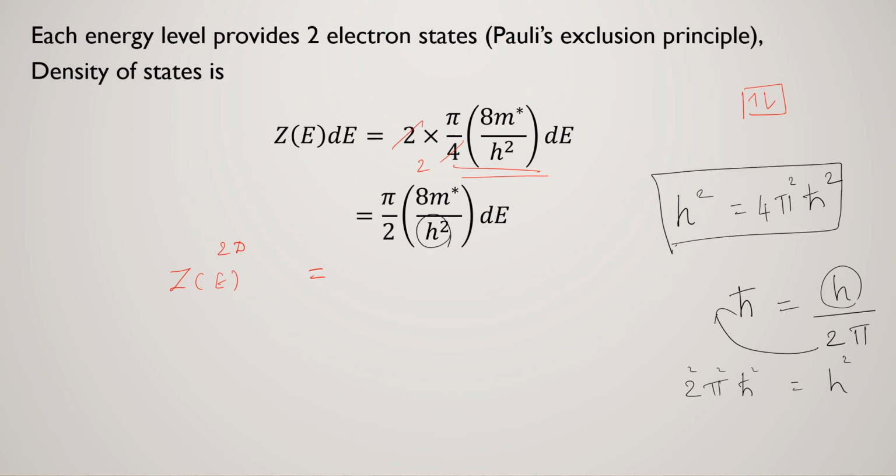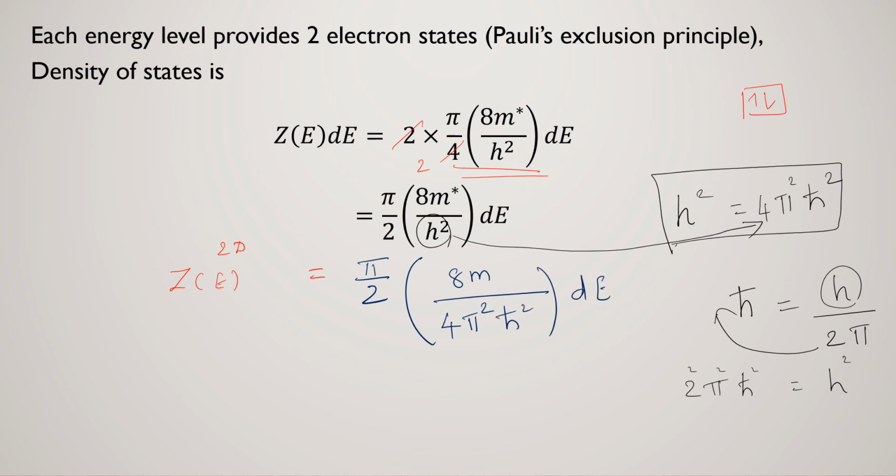Substituting h square as 4 pi square h cross square, we get pi by 2 into 8m by 4 pi square h cross square into dE. Here pi power 1 and pi power 1 get cancelled off, and 2 into 4 is 8, so 8 and 8 get cancelled off. So we get m divided by pi h cross square into dE as the density of states.